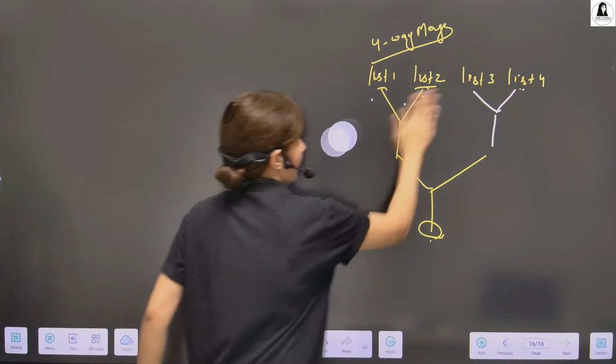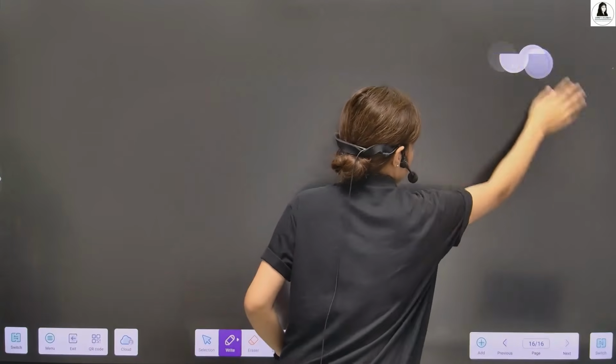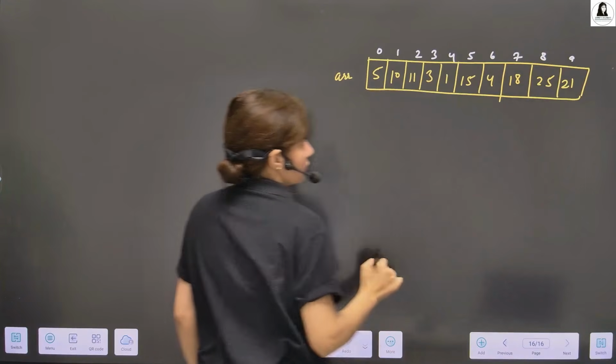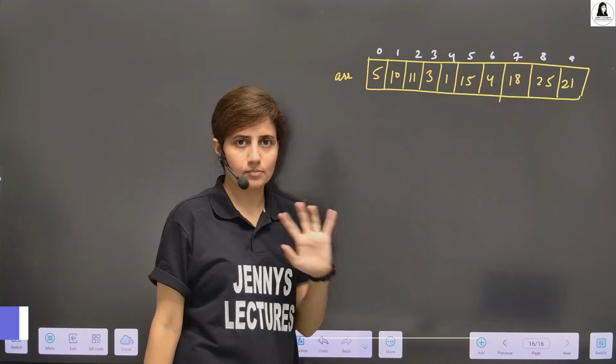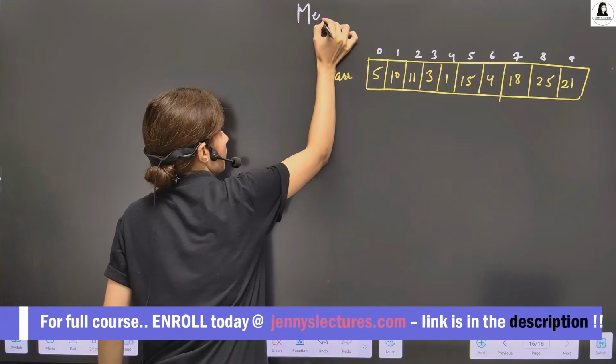Now I'll discuss what merge sort is. Suppose I have an array, and you have to sort it in ascending order by applying merge sort.